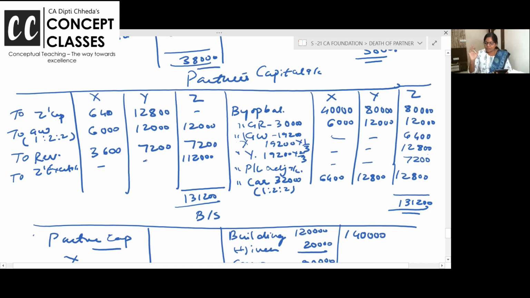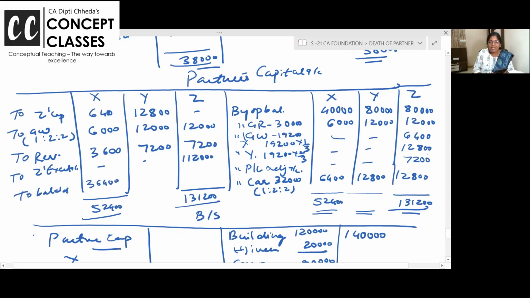Give it to Z's executor. 46,000 plus 6,400, 52,400 minus 6,400 minus 6,000, 36,400.